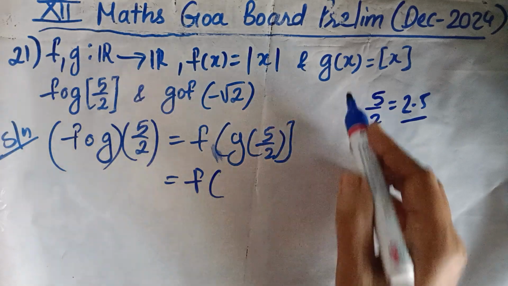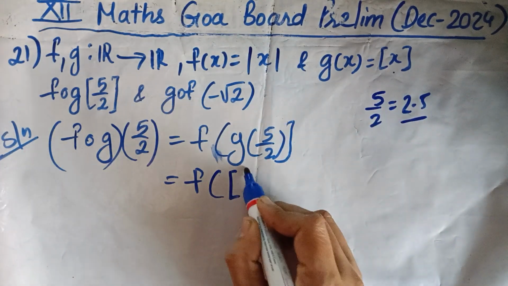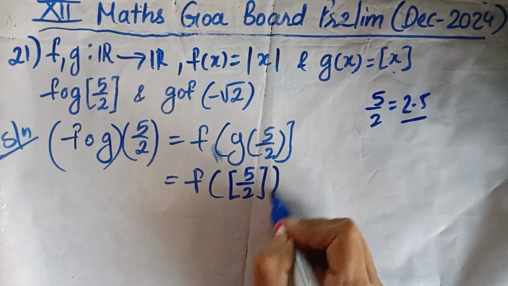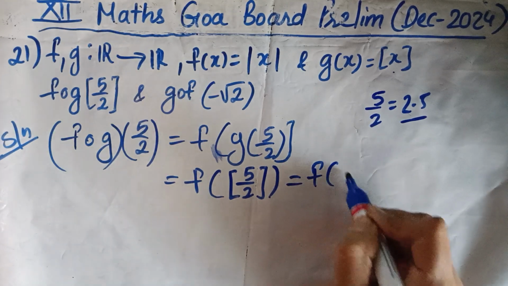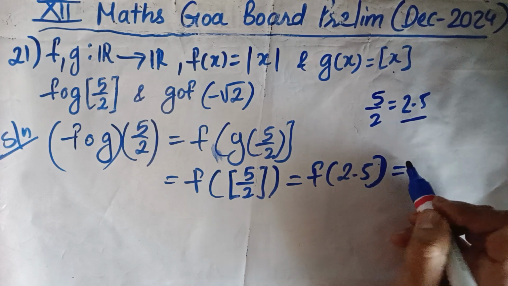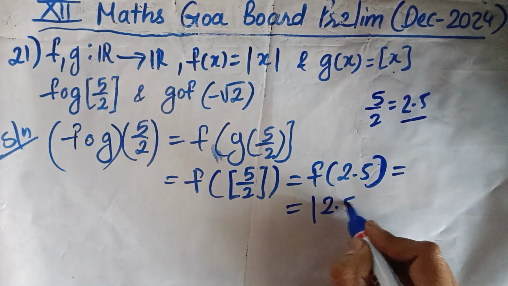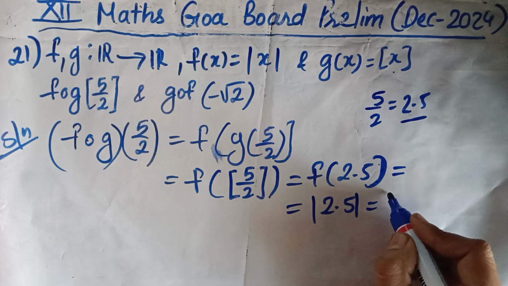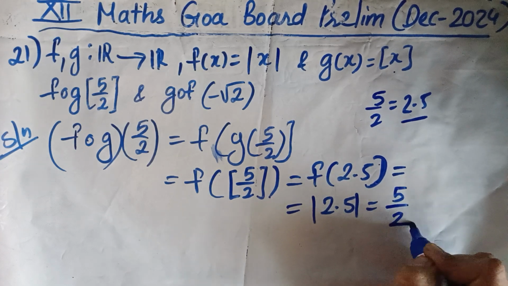So g of x is the greatest integer function, whose value is 2.5. Then mod of this is nothing but 5 by 2.